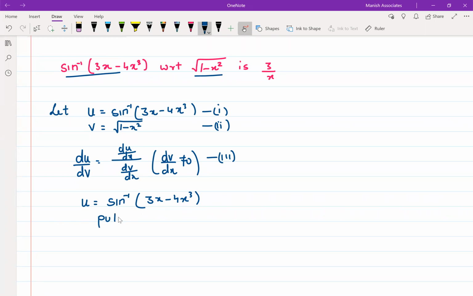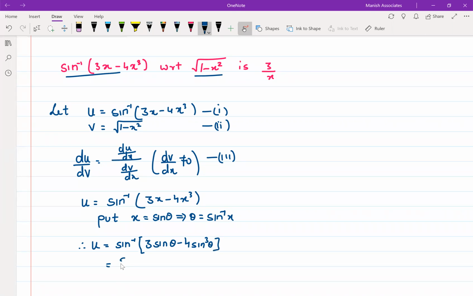A standard format is 3x minus 4x cube. I put x equals sine theta. So obviously from here theta is nothing but sine inverse of x. So I can write u as sine inverse of, students just put x as sine theta, 3 sine theta minus 4 sine cube theta.